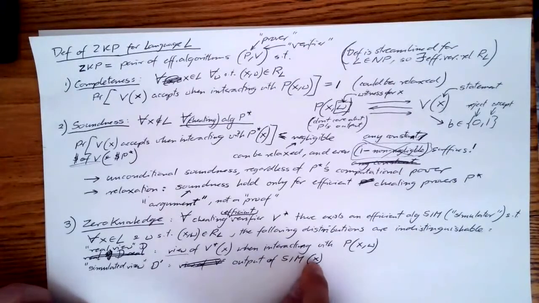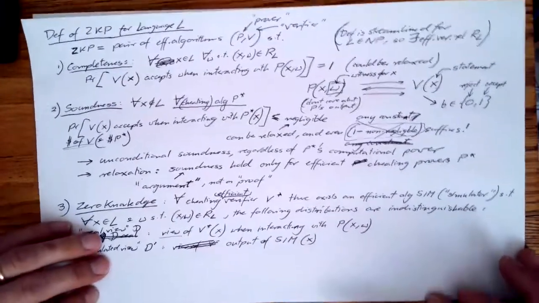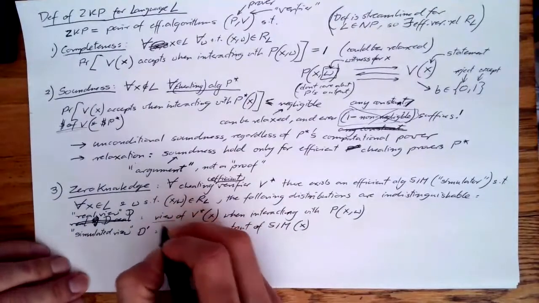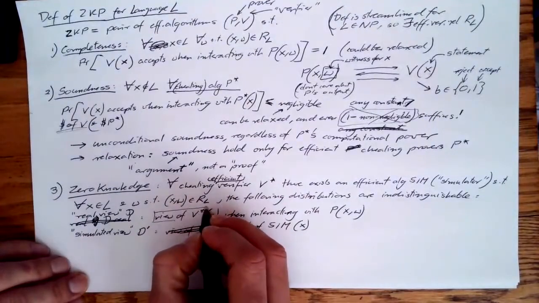And the only thing it has is the public input, which is the statement. Okay, let's see what exactly is the view of V star.